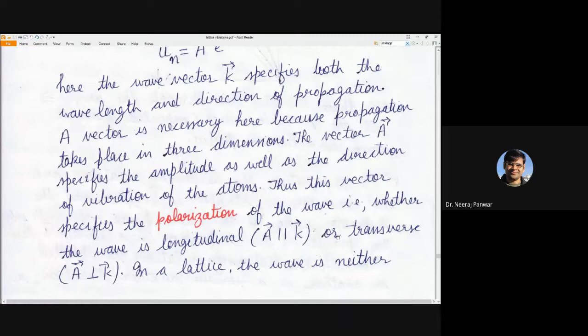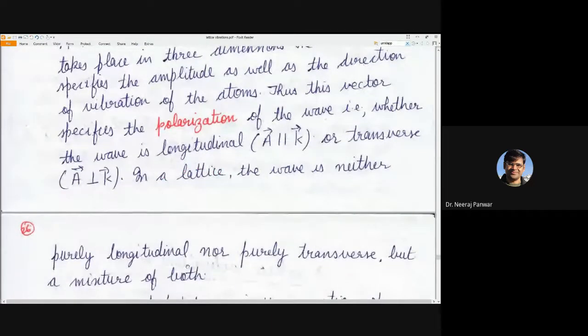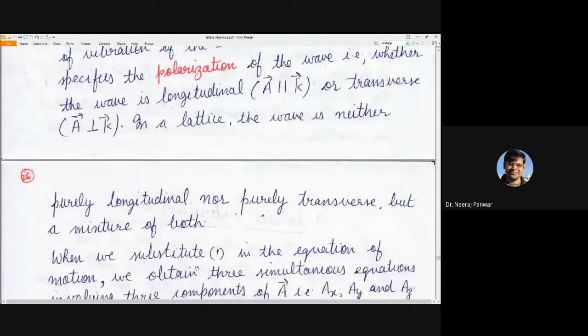So in the three-dimensional case, we can have transverse as well as longitudinal waves, but in a real lattice, the wave is neither purely longitudinal nor purely transverse, but a mixture of both.